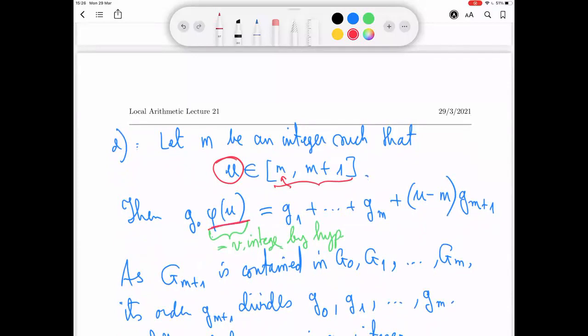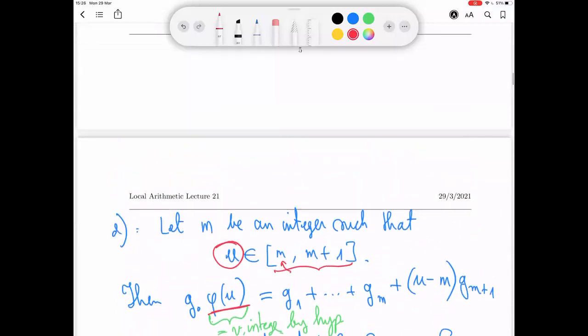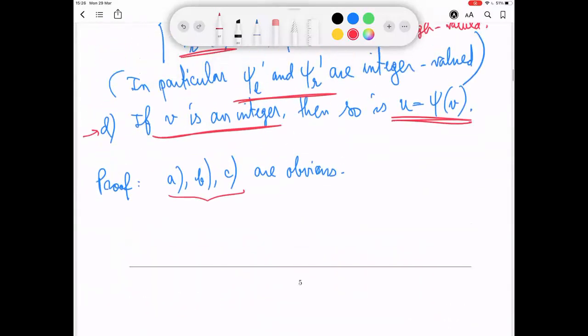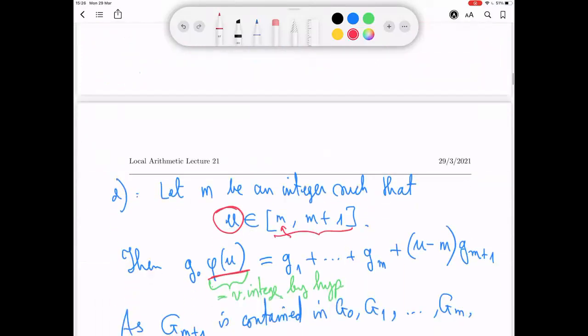Phi of u is equal to this v. If I apply phi to both sides here, I'll get phi of u is equal to phi of psi of v, which is equal to v, because these two are inverse functions.